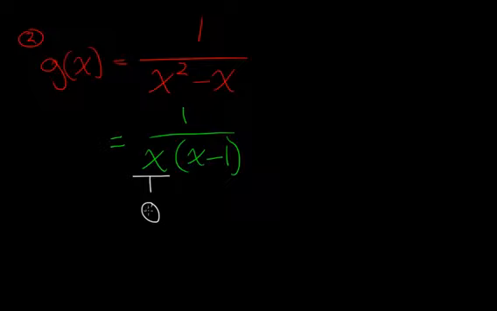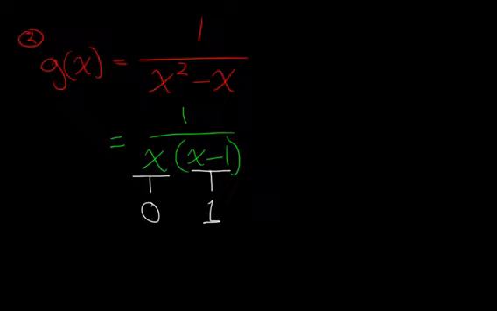So 0 we have to exclude from the domain. If we plug 1 in, we get 1 minus 1, and that's 0, and you can't do that. So 1 is another point we have to exclude from the domain of this function.